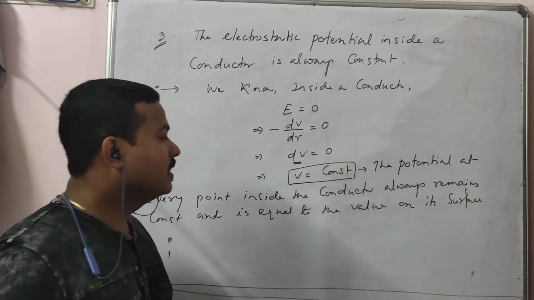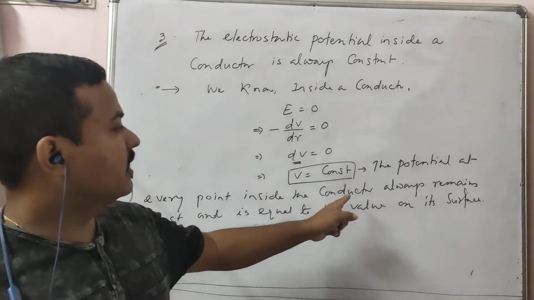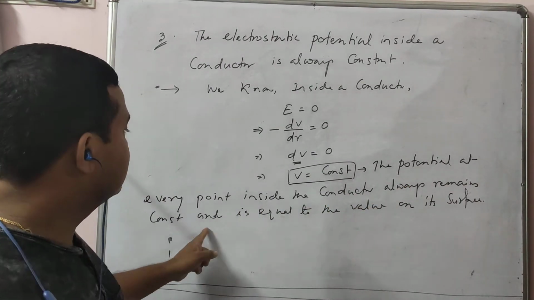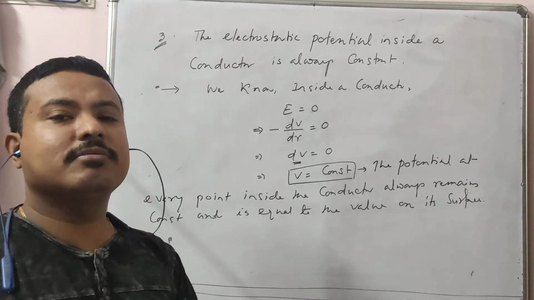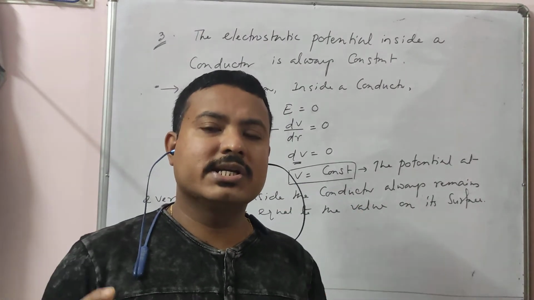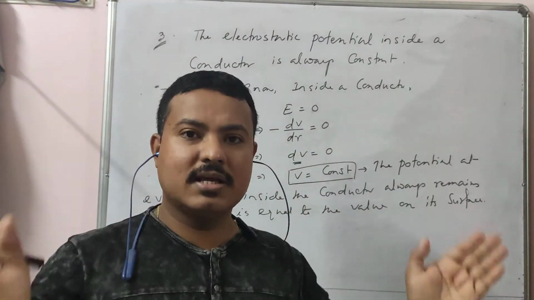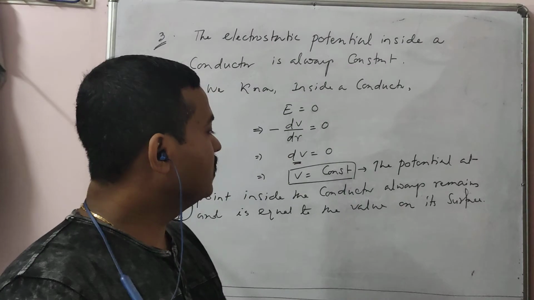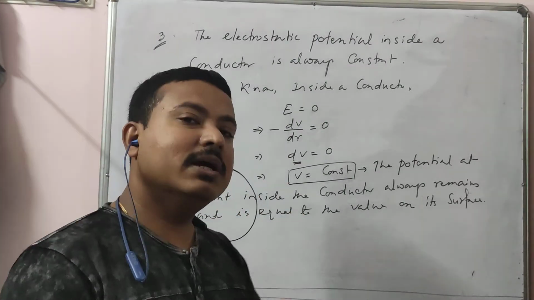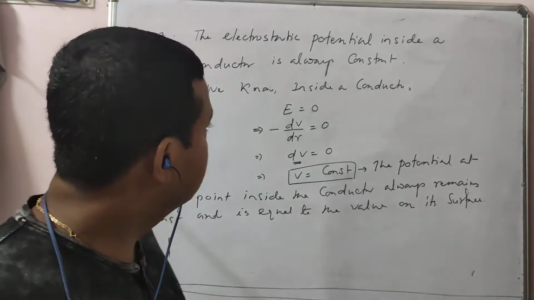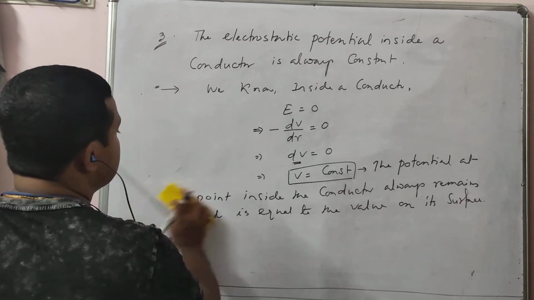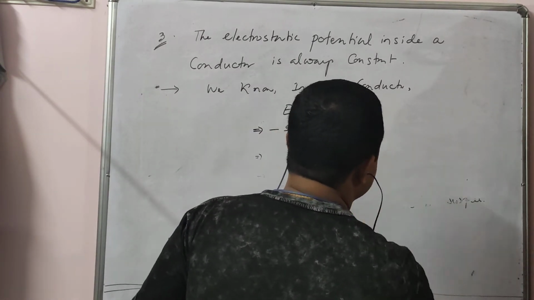So you can say that the potential at every point inside a conductor always remains constant and is equal to the value on the surface. Now whatever the value of potential on the surface, it would remain the same throughout inside the conductor. Okay. So let me give you one example, then it will be more clear.